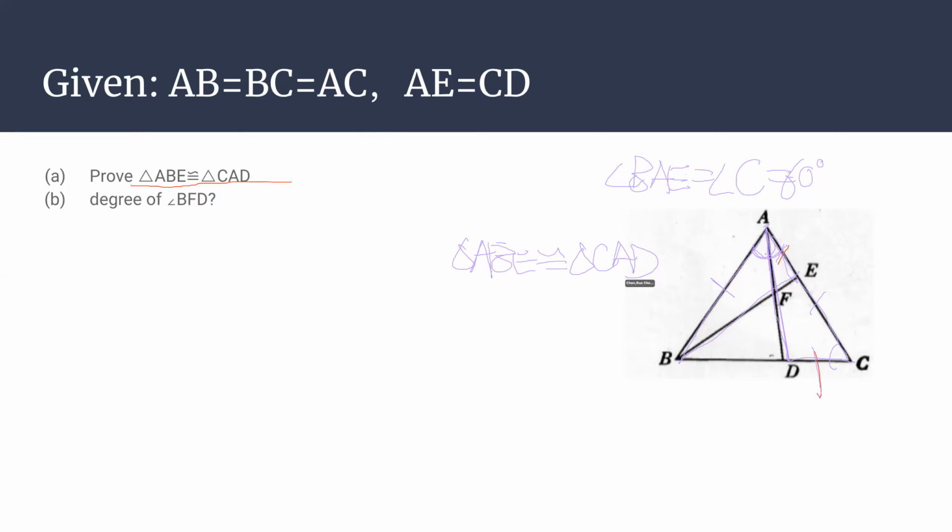So we solved the first problem. And then part B asks us to find the degree of BFD. This becomes very hard, but also not that hard, because obviously BFD equals AFE, but how do we know the degree of AFE?